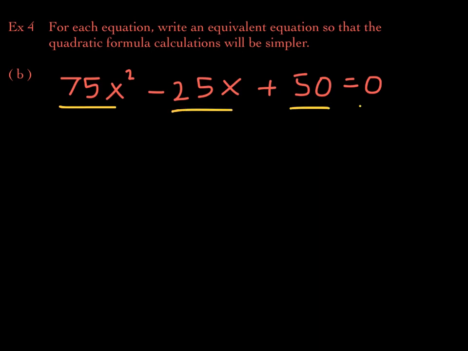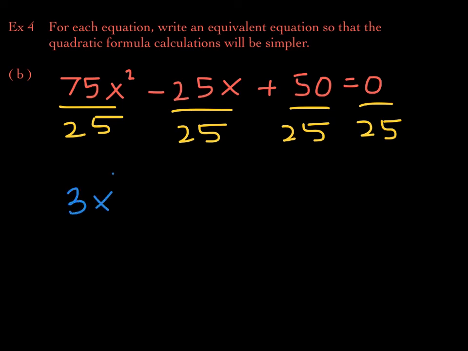If you divide every single term by 25, you will get an equivalent equation that reads as 3x squared minus 1x plus 2 is equal to 0. Look how much better this is, everybody. So instead of plugging in the numbers 75, negative 25, and 50 into your formula, you can plug in 3, negative 1, and 2.